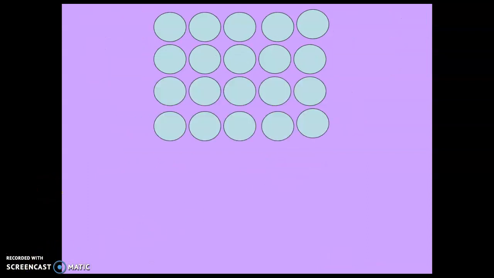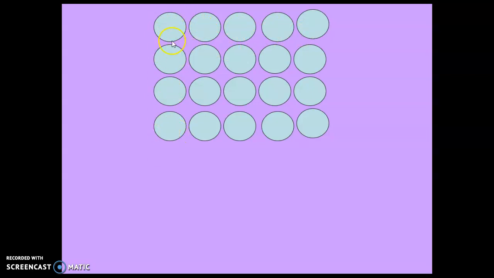If we arrange them into different rows and columns, we've still got 20, so our total would be 20 still, so that would be the first number in our number sentence. We've got them in rows of 5, and we've got 4 rows of them, so it'll be 20 into groups of 5 equals 4.